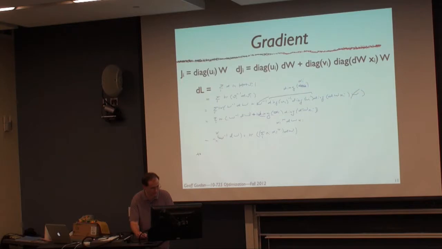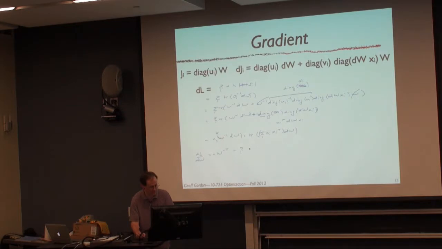So we'll have dL by dW is equal to W inverse transpose plus n times W inverse transpose plus the sum over i of the transpose of this thing, right?